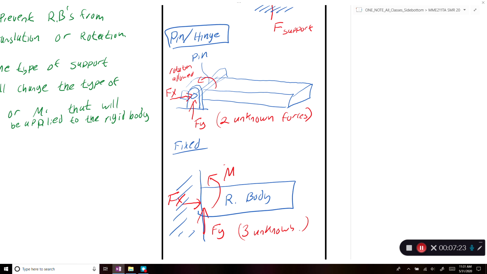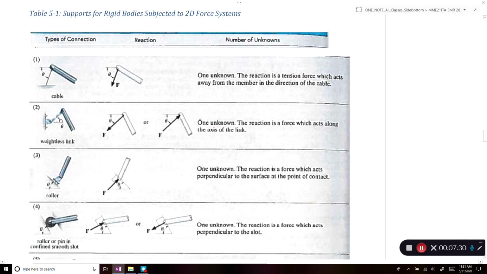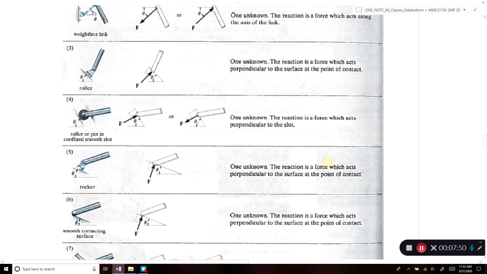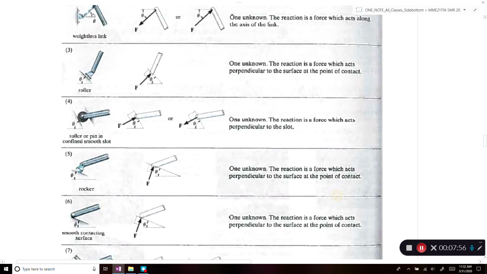There's a list that's been given to you in your handout, and this list explains many common types of support reactions in two-dimensional systems. It gives you the directions of the unknown forces in many cases. In this case, these all have one unknown force.